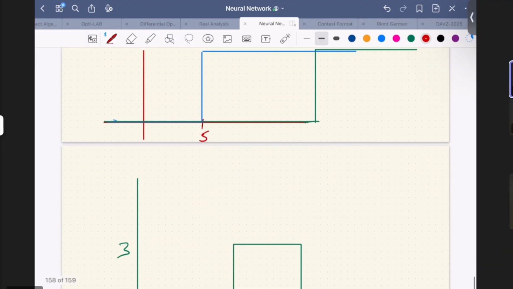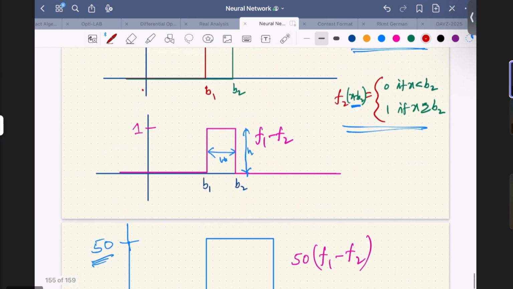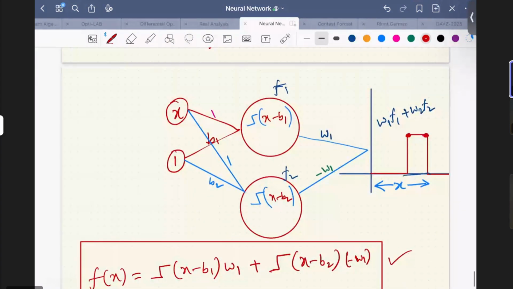Think of how many neurons you are expecting to build to come up with another edge, another rectangle side by side to it. One more neuron, sir, one more.